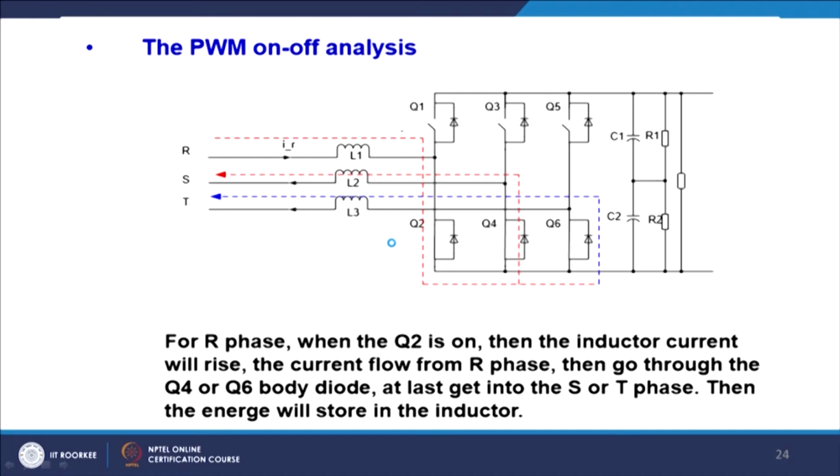I will just go switch by switch. You can see that this is IR, and this Q2 is closed. So, current will flow through it, and assume that all the upper switches are open. The logic is that the lower switches are closed, and this is closed, and this is closed.